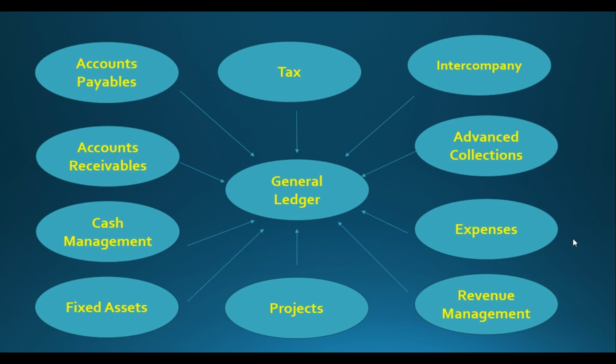All this information that we keep in the accounts receivable module is then transferred to the cash management module for reconciliation purposes. In fixed assets, normally we need to keep track of the assets of the company. In every company you will have assets bought from different vendors to run their day-to-day operational activities.